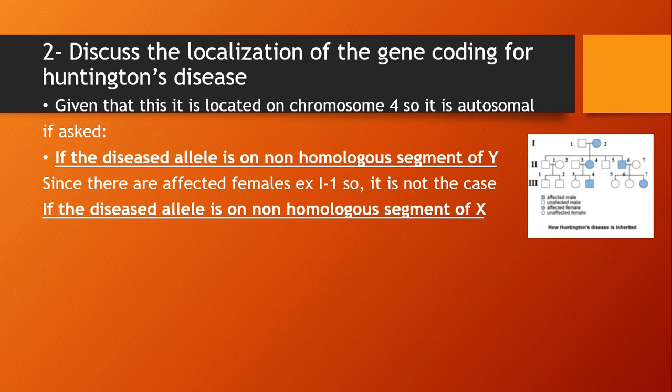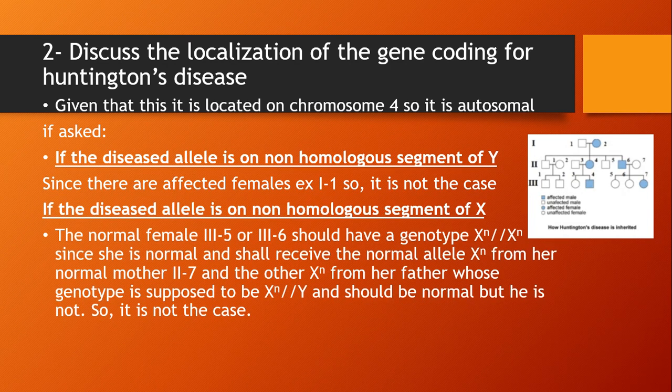If the diseased allele is on the non-homologous segment of X, in this case we're supposed to refer to the normal female 3, 5 or 3, 6. Because both of them appear to be normal, their genotypes are supposed to be X small n, X small n.